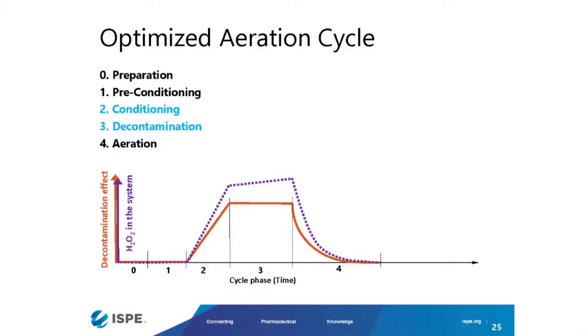When we optimize isolators like this, we reduce the aeration phase significantly. However, for many applications, mainly material airlocks, it is still not enough. Still, too much hydrogen peroxide would be needed in the system.